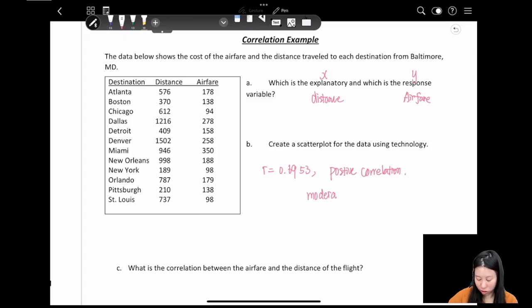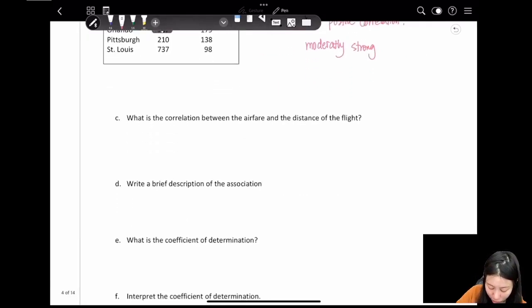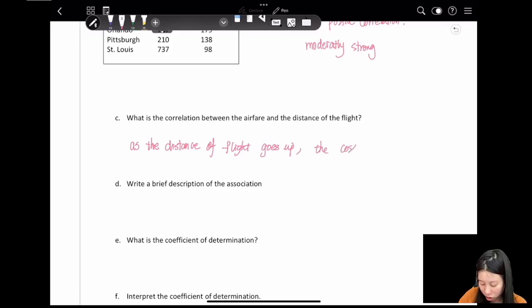Okay, write a brief description of the association. So we can say, as the distance of the flight goes up, the cost of the airfare increases. So this is a positive correlation.